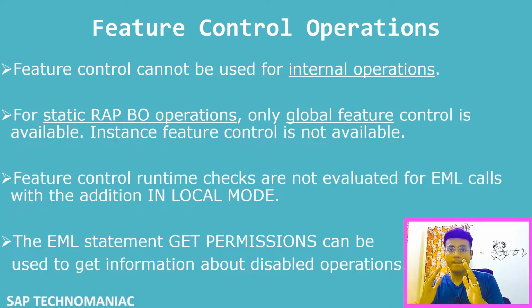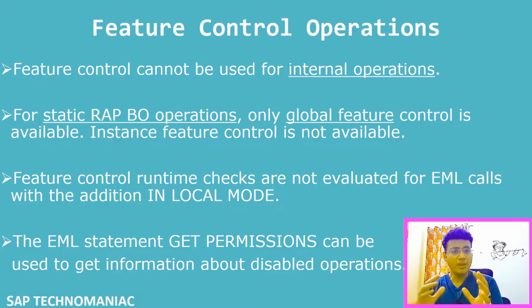So whenever you are calling a business object internally and you don't want to see any feature control on that particular business object, then you can use in local mode. And we are using in local mode for read operations internally. But when you access from outside that particular business object, you can't use in local mode. If you try to use it, you will get an error.